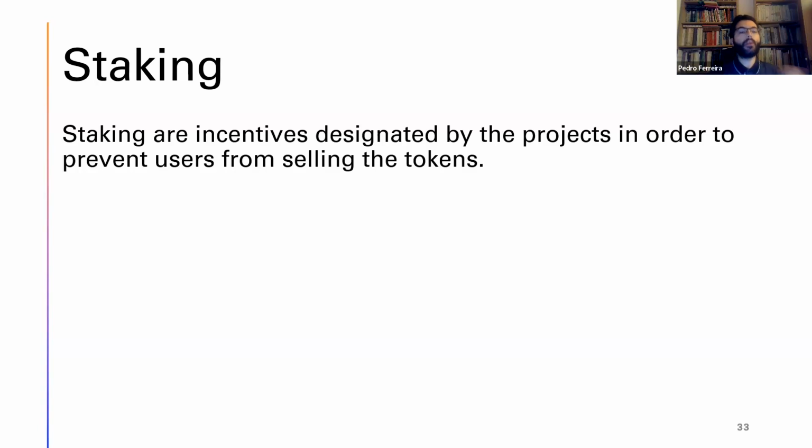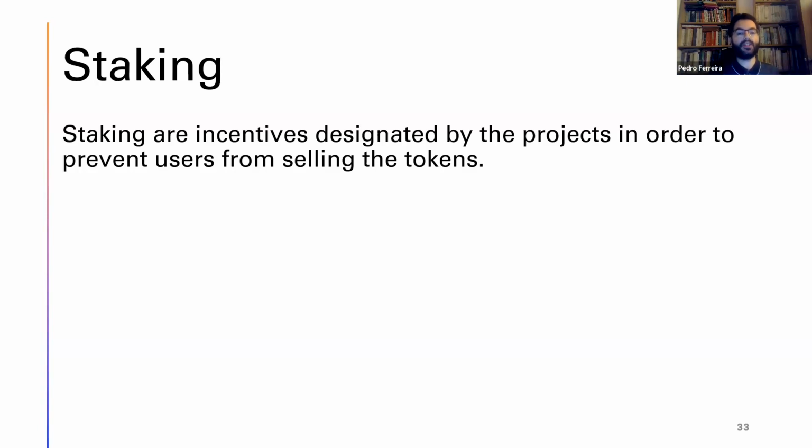What will this do? Probably you will have to lock them, or probably not, but this will tempt you not to sell those assets because they are increasing. The more time you have them staked, the more they increase. So you are not selling. Basically, it's a game that you are playing with the users: I give you incentives not to sell, and by not selling, the users are protecting the price, and by creating these incentives we are protecting the price, because we are pushing the selling into the future.